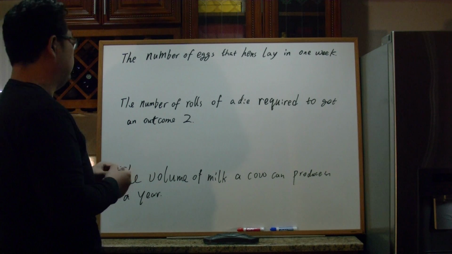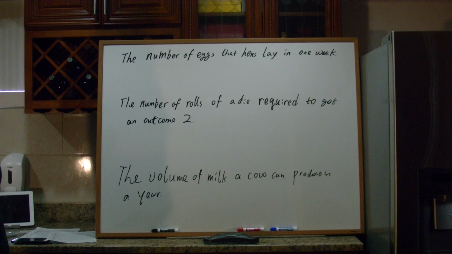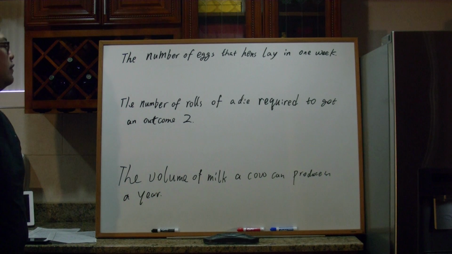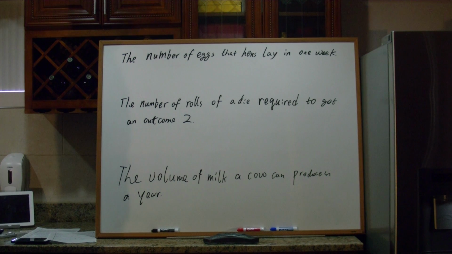Right, we have 3 examples here. The amount of eggs that hens lay in a week. The number of rolls a die requires to get an outcome of 2. The volume of milk a cow can produce in a year.